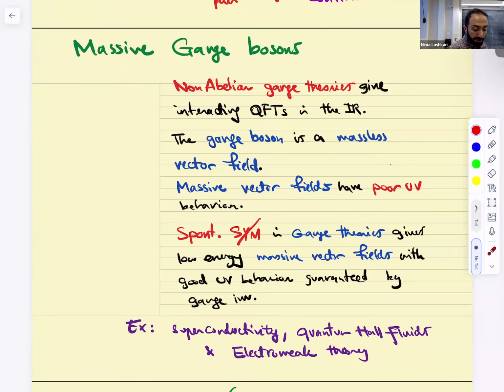All right. If you look at the on-shell action, the classical minima of this, for the case of phi 2, it looks like this Mexican hat potential. So phi A equals 0 is a vacuum, but it's unstable.